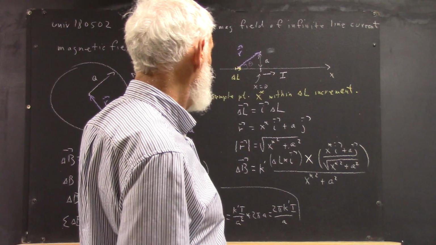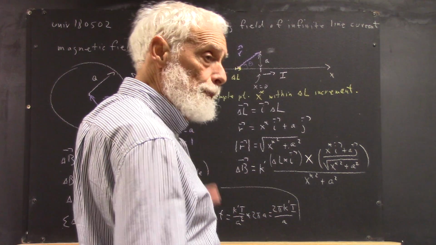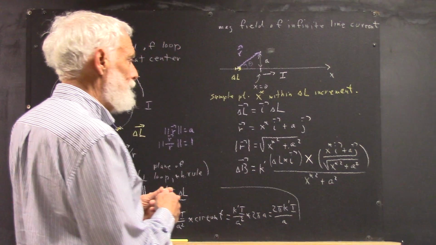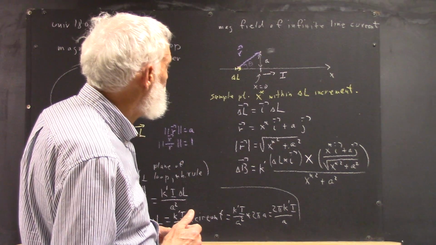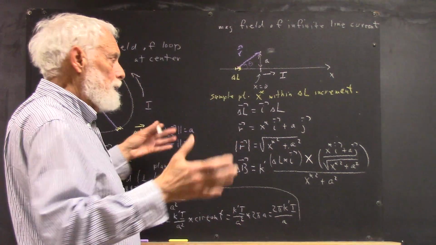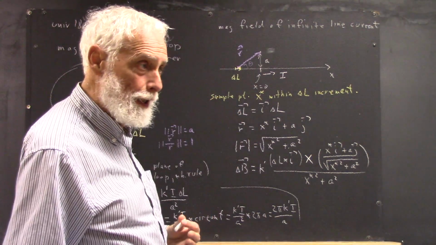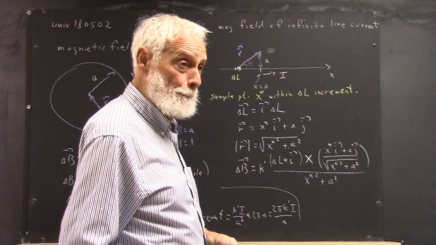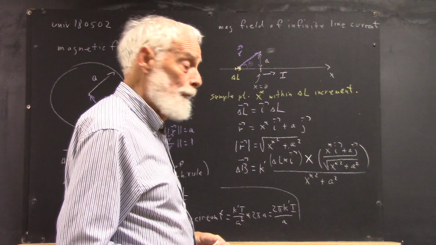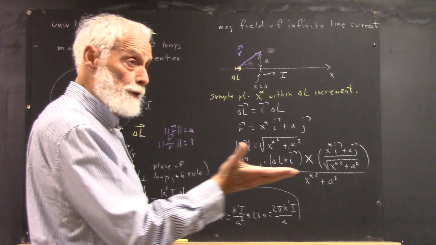There's something about that that disturbs me. So let's be sure, because I've got this idea in my head that I've got to check out, because something is bothering me here. Okay? Delta L i is always in this direction, right?